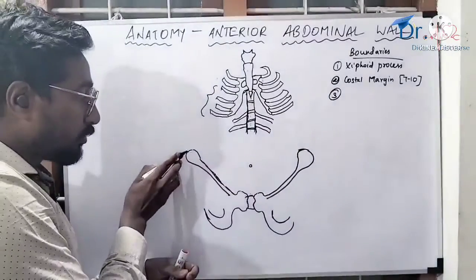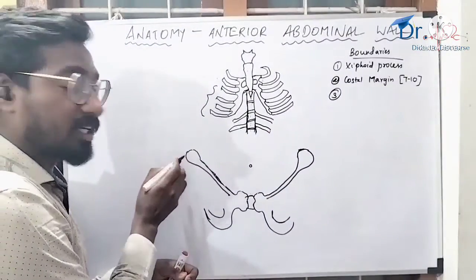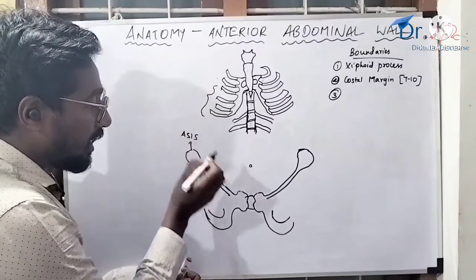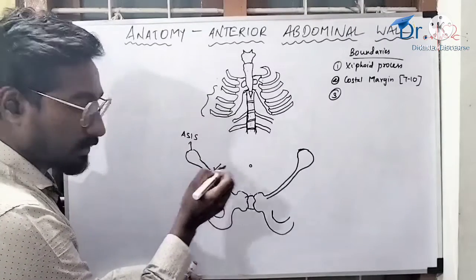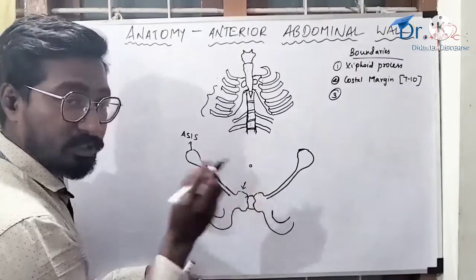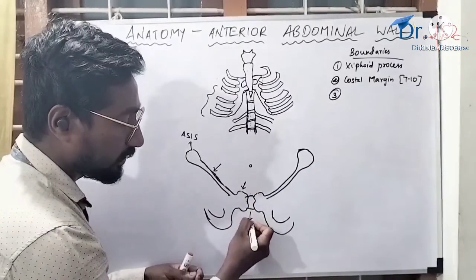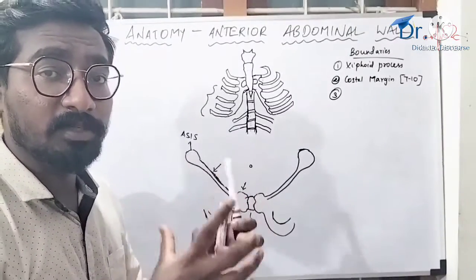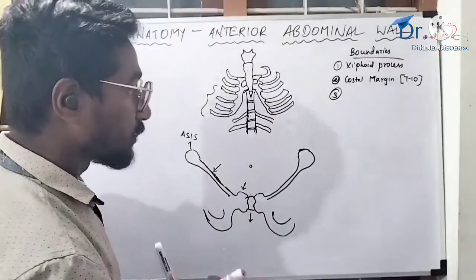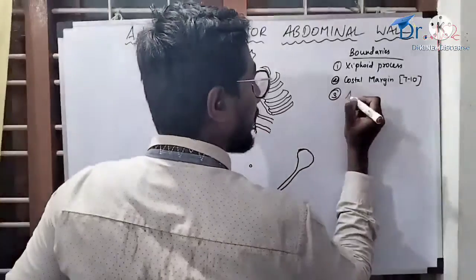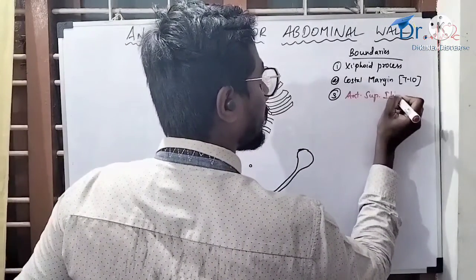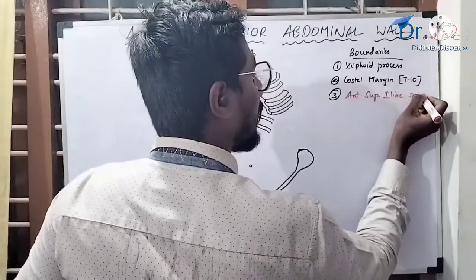And here you have the anterior superior iliac spine. So this is the anterior superior iliac spine, and here you have the pubic crest, and here you have the pubic tubercle, and here you have the pubic symphysis. So these are the bony boundaries which comprise the anterior abdominal wall. As I told you, here you have the anterior superior iliac spine, right?